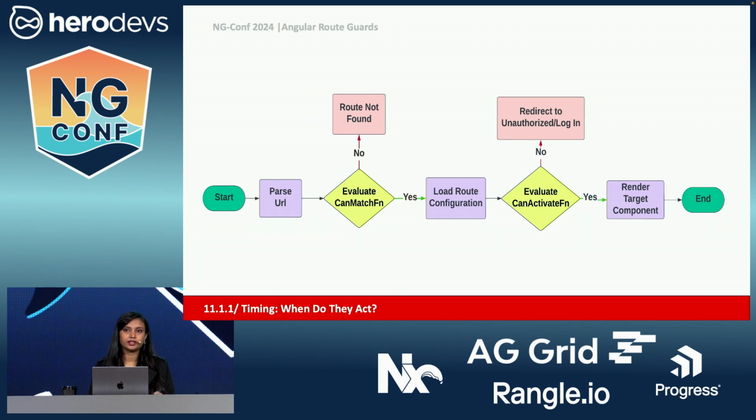After that, canActivate comes into the picture. So you know that your route has been matched, your component has been loaded, and now it evaluates. And it can allow or deny the navigation to the route. If it denies the navigation, then you can redirect to an unauthorized page or maybe a login page, as per your requirements. And if it allows the navigation, then your target component will be rendered.